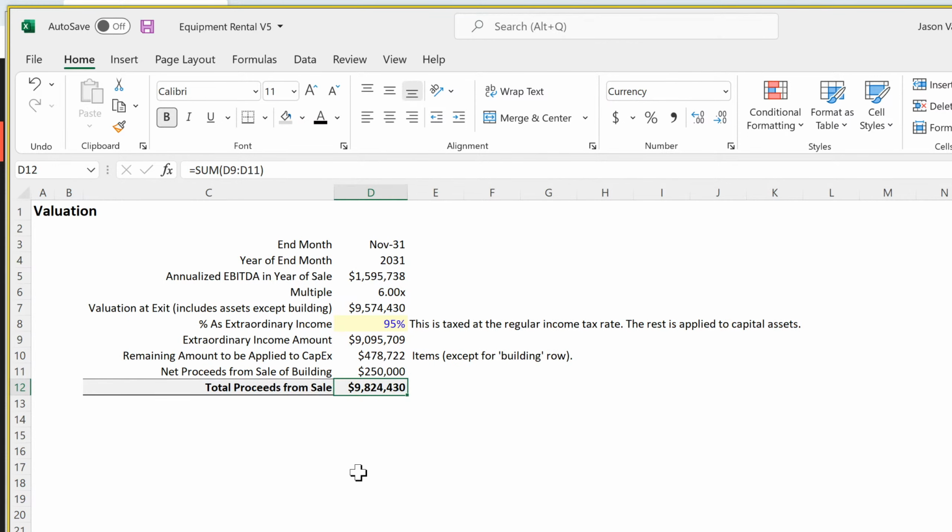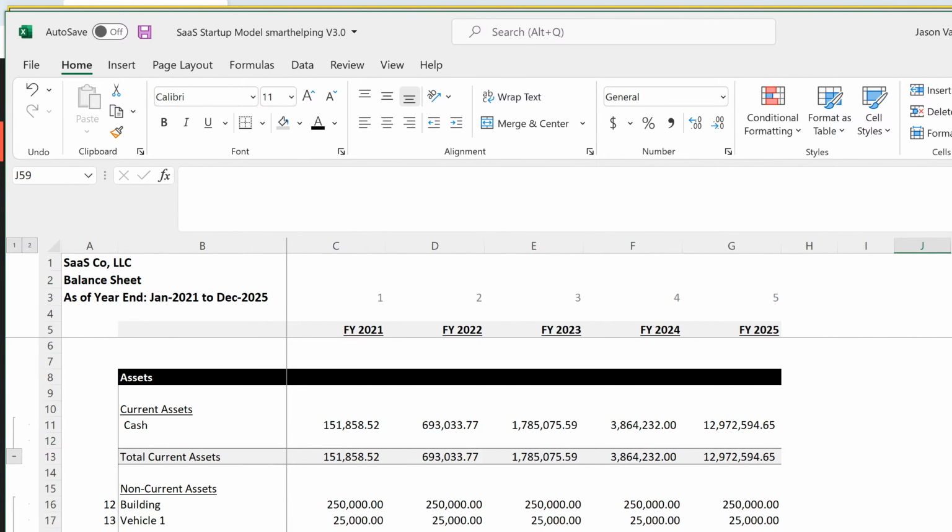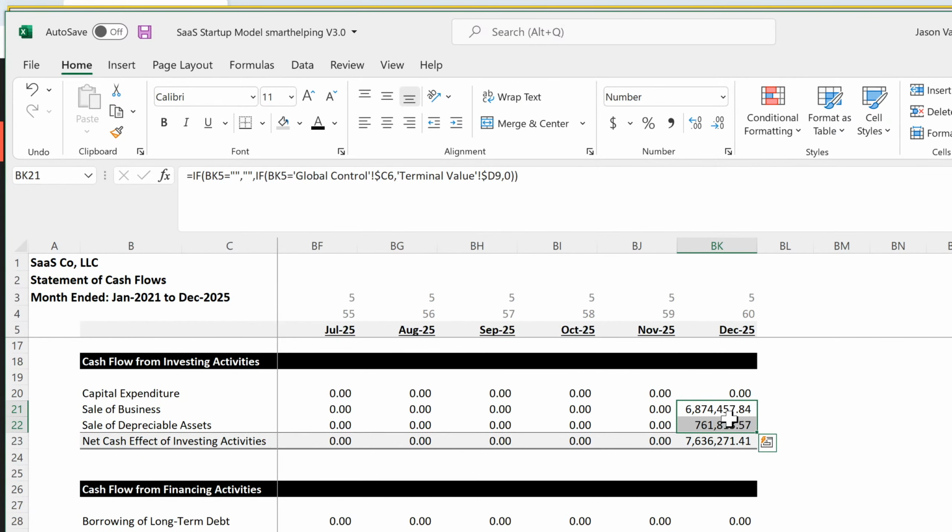D10 is, let's look at what the formula is on the SAS again. That's our issue right there. So I've got terminal value D10 here. Hold on. D10 plus CapEx H3, which is building sale.